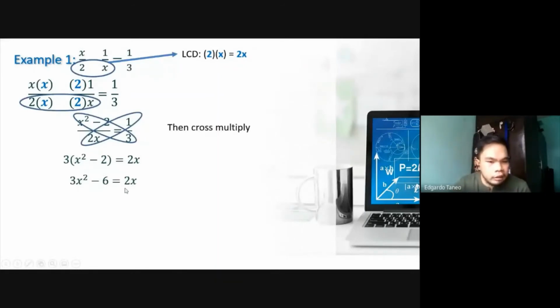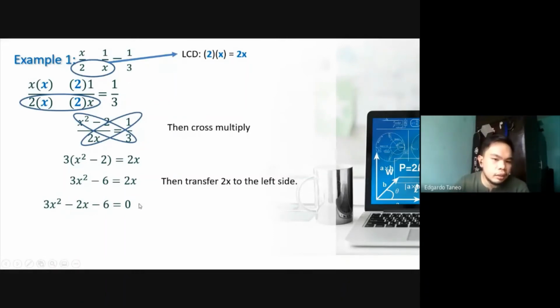Okay, to solve this equation, we have to write it in standard form. So we have to transfer 2x to the left side of the equation. So that will become 3x squared minus 2x minus 6 equals 0.